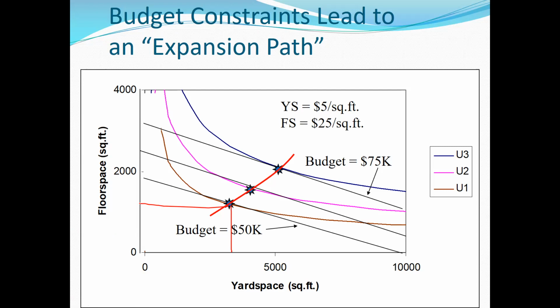Because if you spend $50,000 on any other house, any other point on this curve, like if you were to buy a house here or here, those houses will cost the same in terms of yard space and floor space, but you won't be able to derive as much utility from it. So the yard space and floor space prices are there.